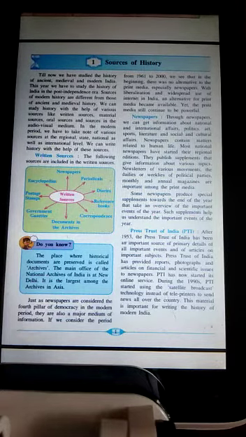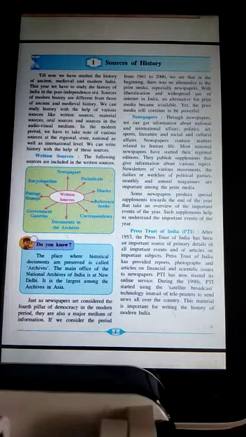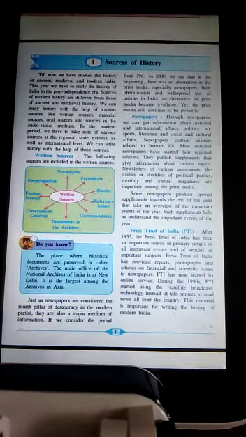Now, usually in our textbooks and all, a bit of information is provided to us. But if we want to know more about the event or the person or the historical happenings, then we would go to these books.